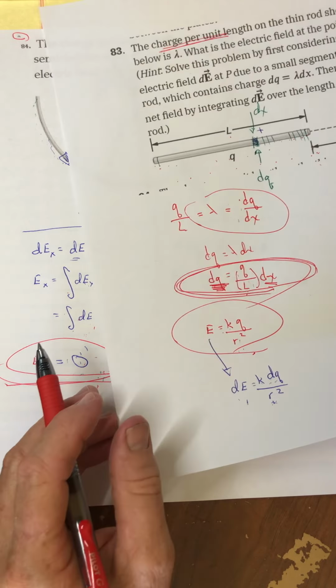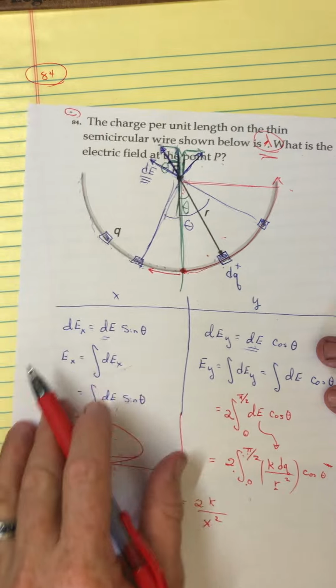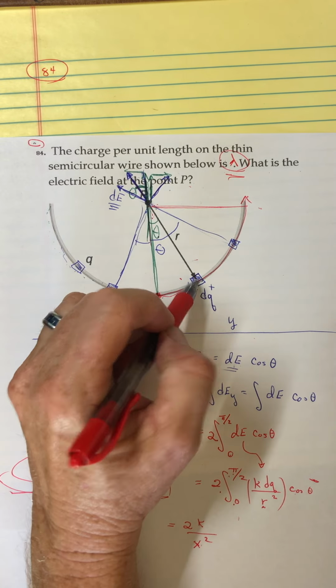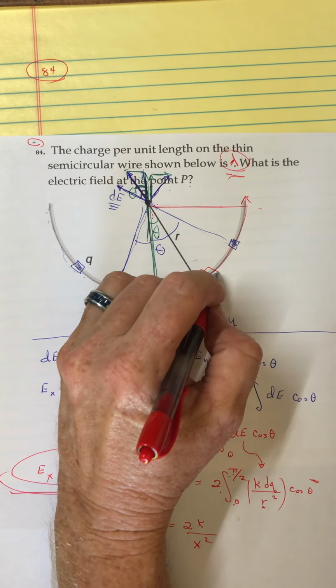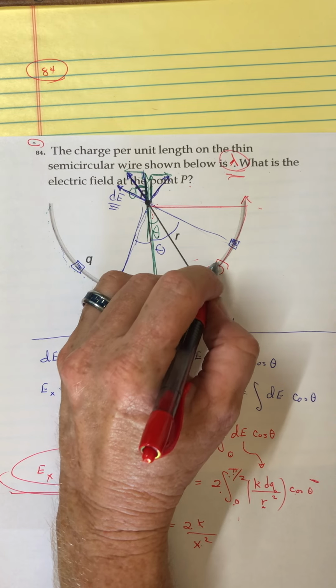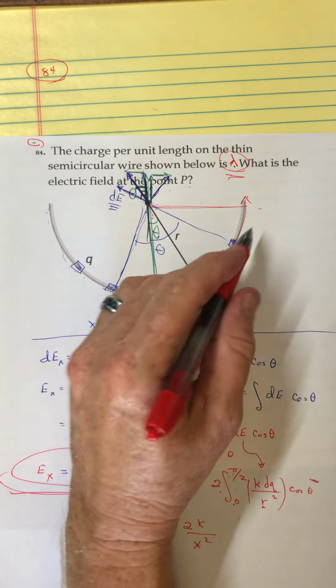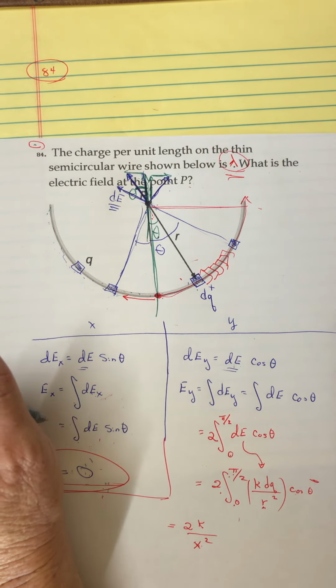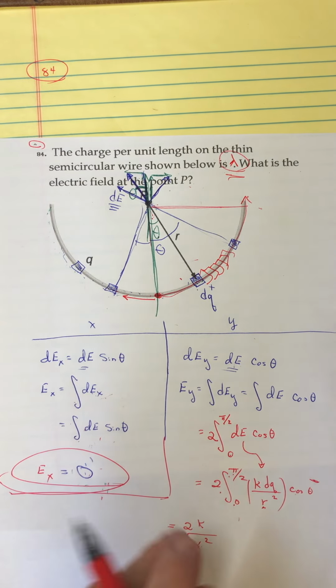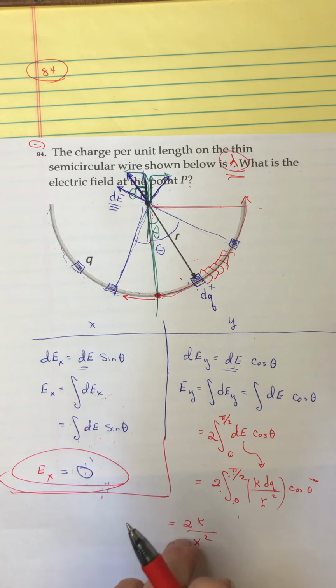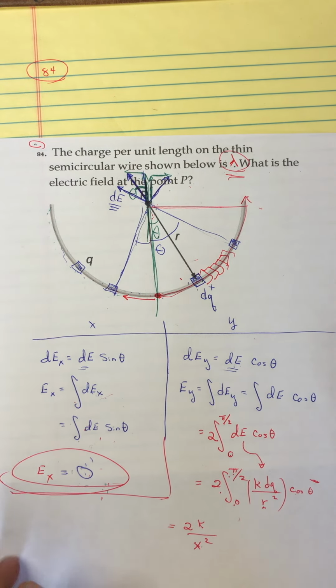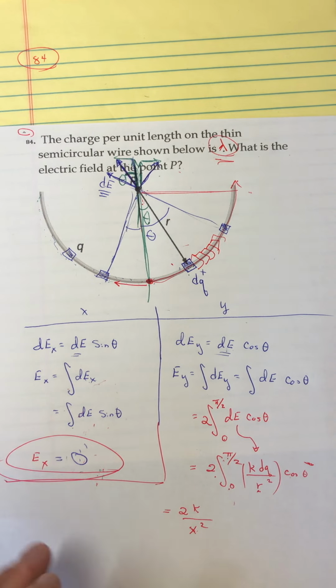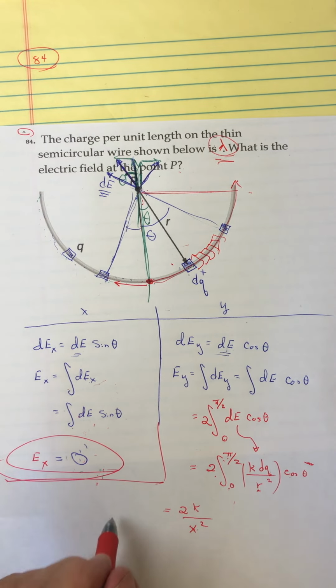And so if we think about adding this whole thing up here, this chunk plus this chunk plus this chunk plus this chunk plus this chunk, and so forth and so on, as I go from 0 to pi over 2 and I add all these chunks together, the electric field from x would be giving me the same value. And that's what I want. I want the x component to come out to be 0 and the y component to come out something non-zero.